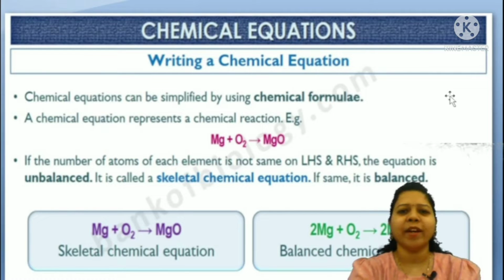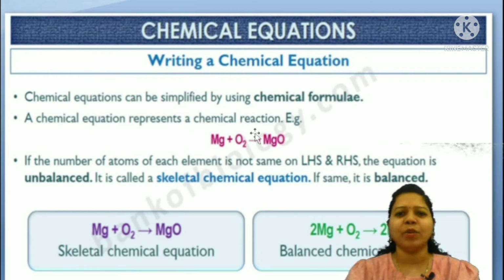Now we'll see how to write a chemical equation. Chemical equations can be simplified by using chemical formulae. A chemical equation represents a chemical reaction. Yes, we learned that a chemical equation represents the chemical reaction, or to represent the chemical reaction, we use a chemical equation.